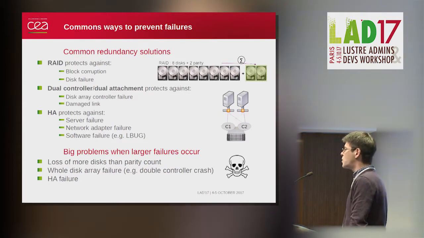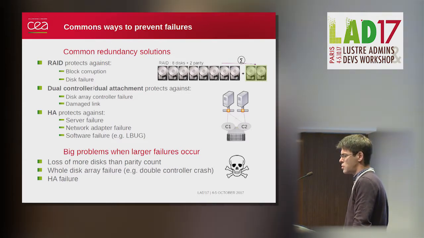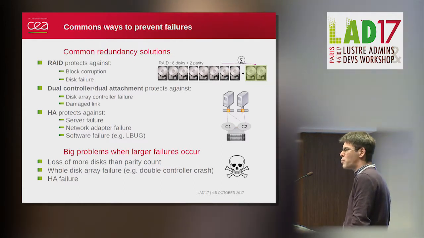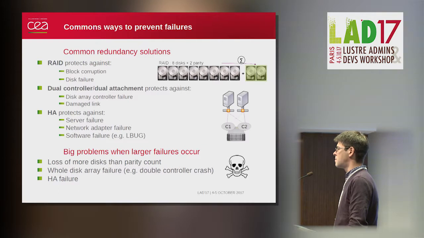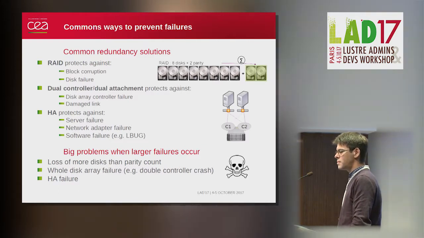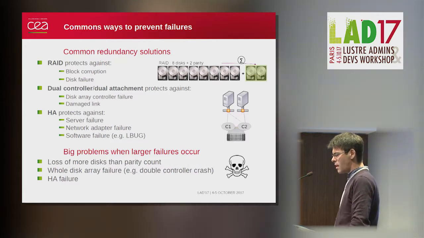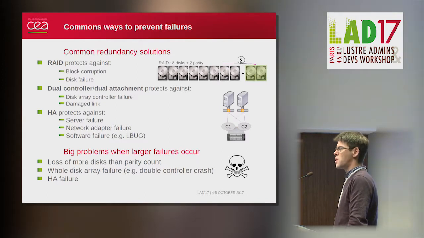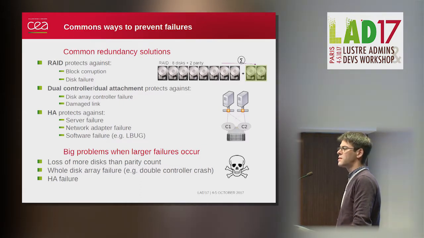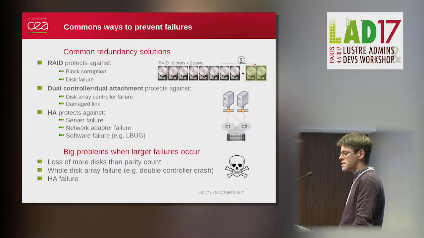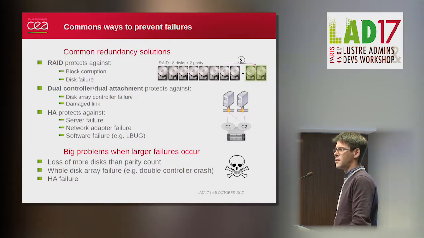So these are the common ways we most use to prevent all these failures. RAID protects us against silent corruption, block corruption. It protects against a reasonable amount of these failures. There are also dual attachment technologies with multipath to protect against damaged Fibre Channel links or controller failure.